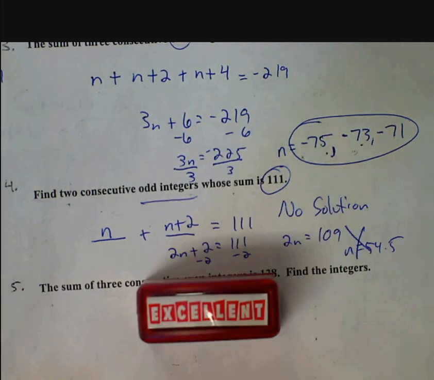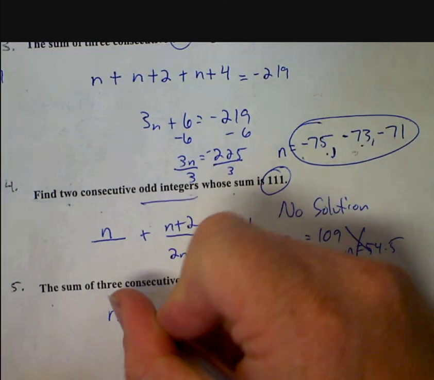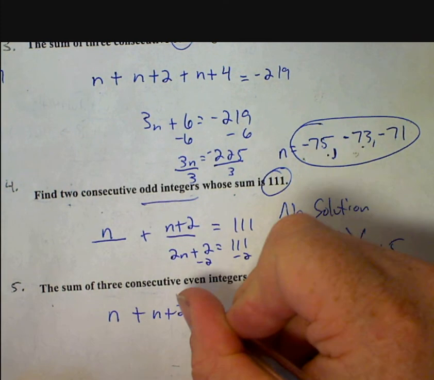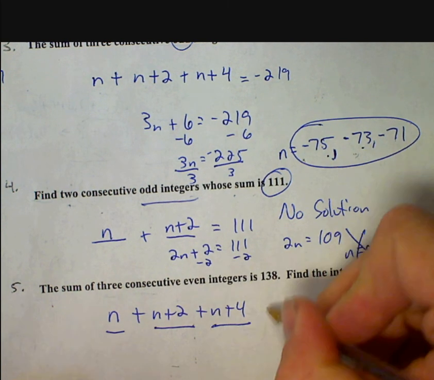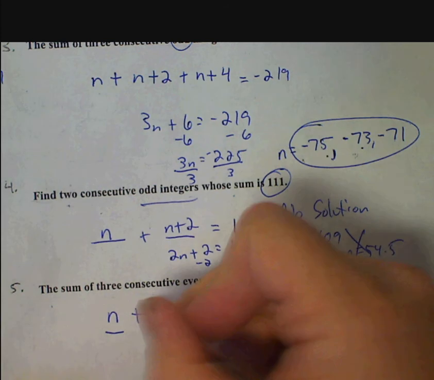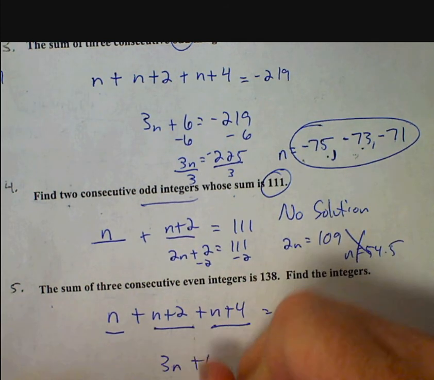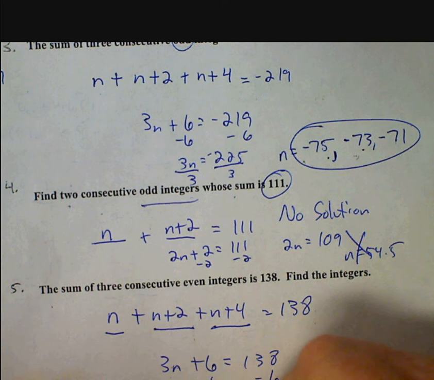Pause the video and try. Even integers would be n, n plus 2, n plus 4. First, second, third, they have to add up to 138. So 3n plus 6, I combine like terms, minus 6 minus 6, 3n equals 132.